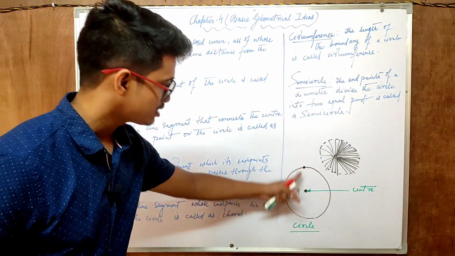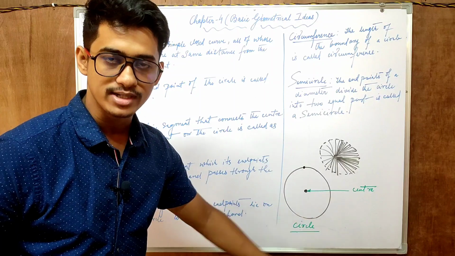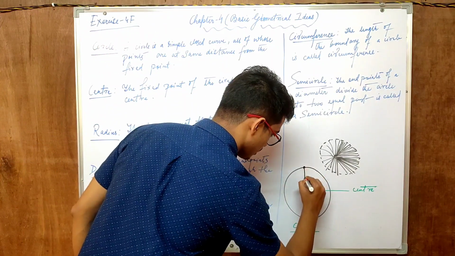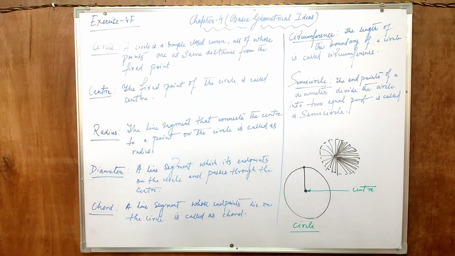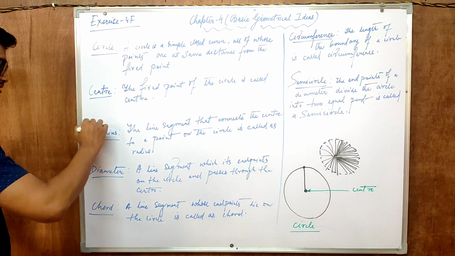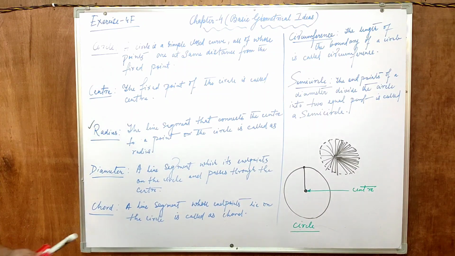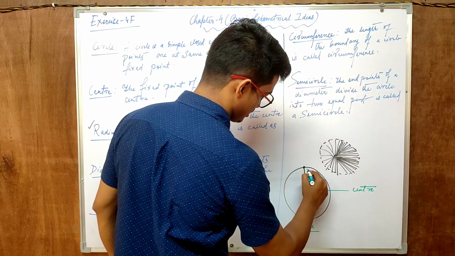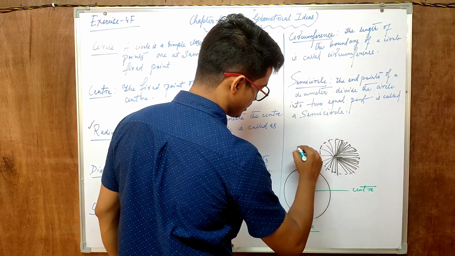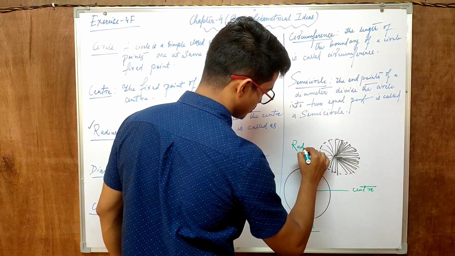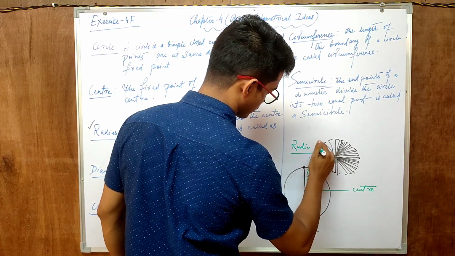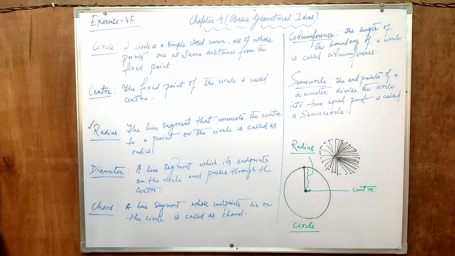When we join these two endpoints, what we get is a line segment. And what is the special name of such a line segment? These are called radius. This distance is called the radius.